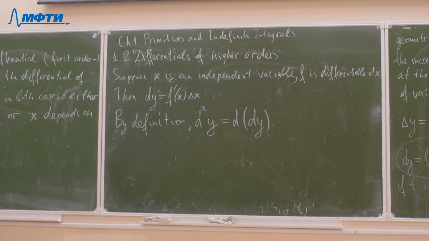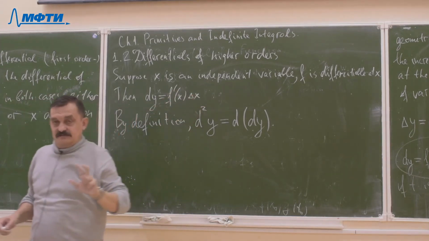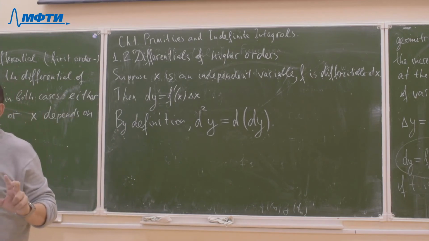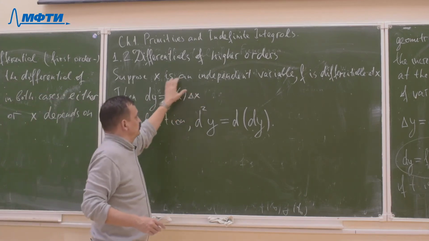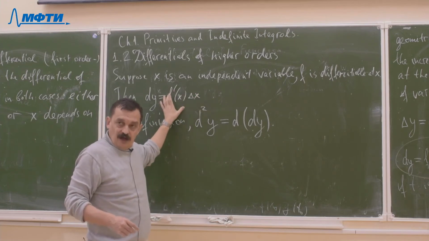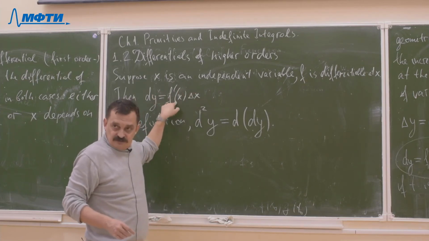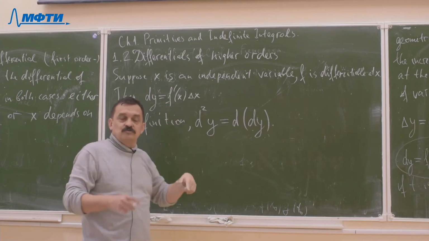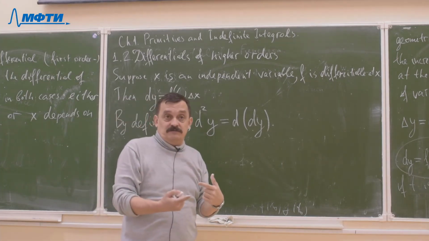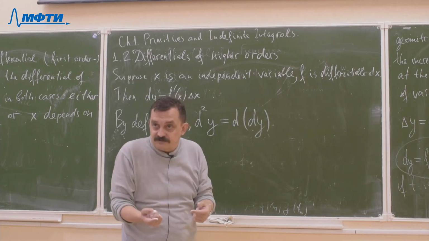But that is a very complicated definition. Why? Because x was an independent variable, we fixed delta x. Now we consider this expression as a function of x. We take its differential. How should we take the differential? We need to take the derivative of that function with respect to x and multiply by an increment. And this will be in general a different increment, right?